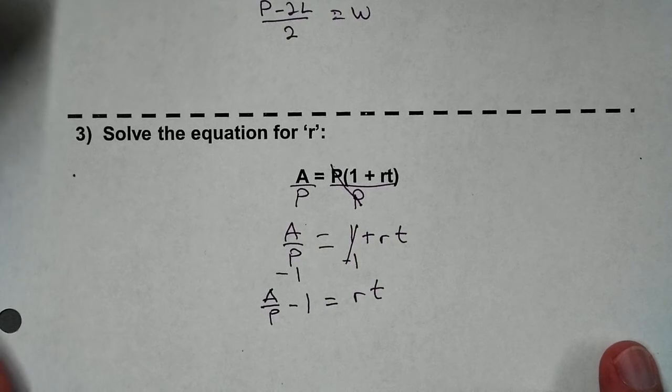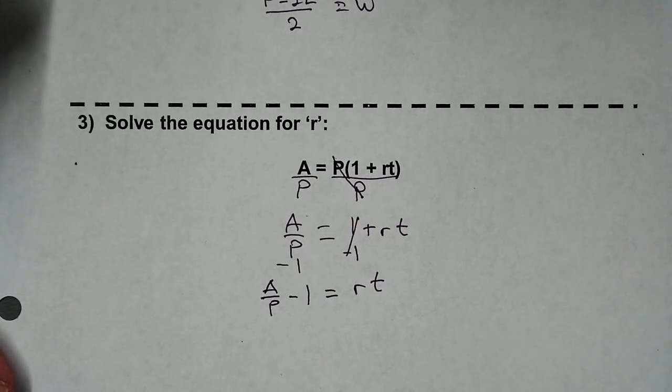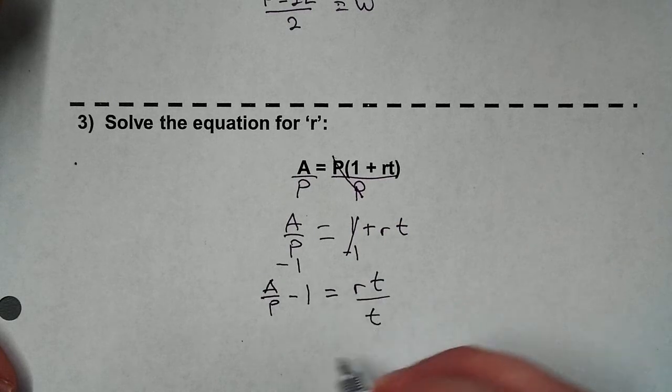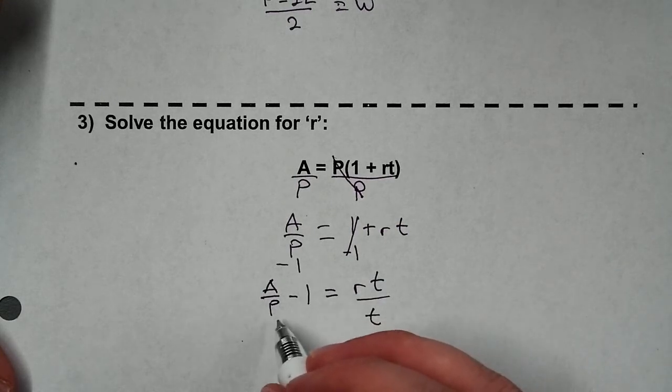And now we've got to get rid of the t. Well, this is multiply, so cancel out by doing divide. Now we're going to divide everything over there by t.